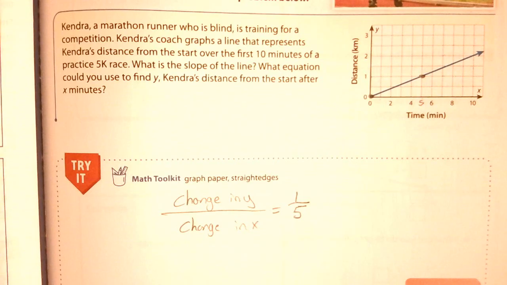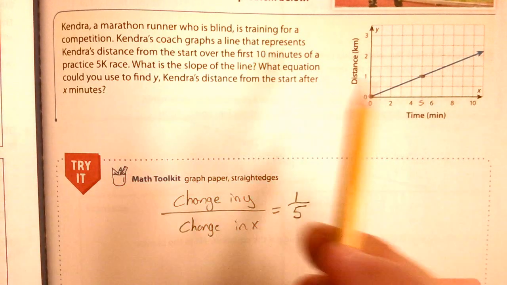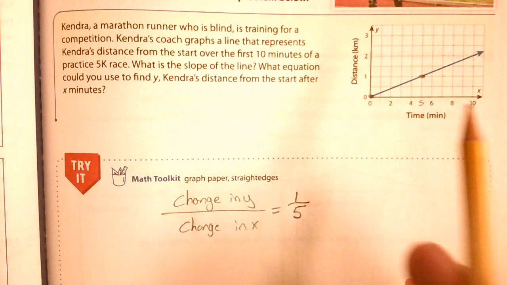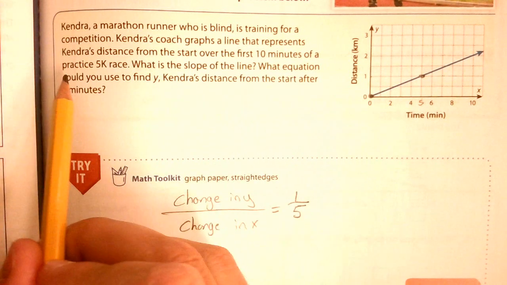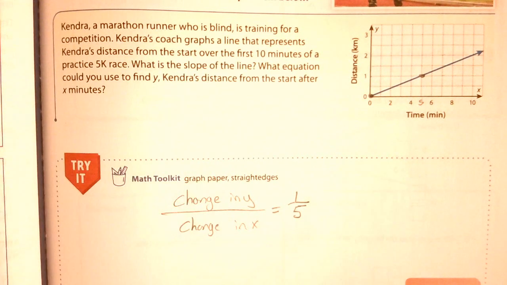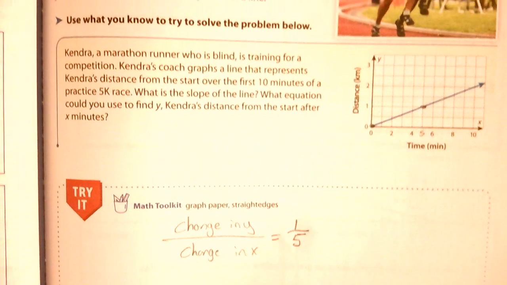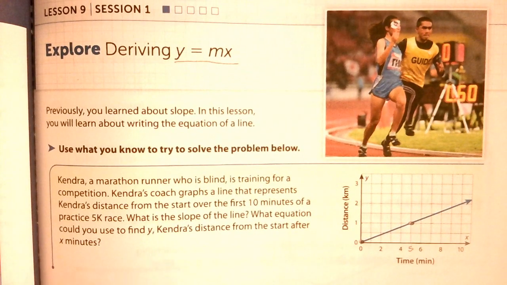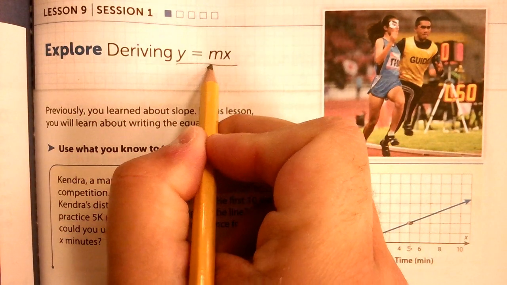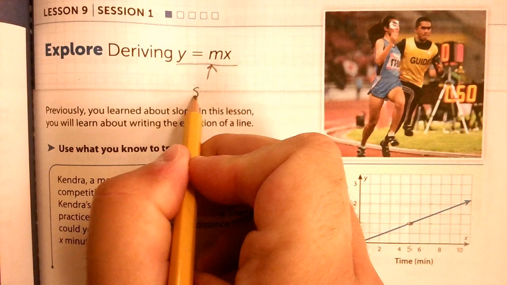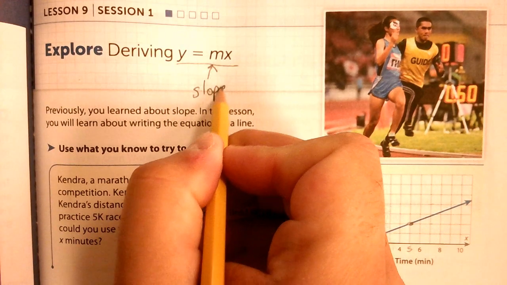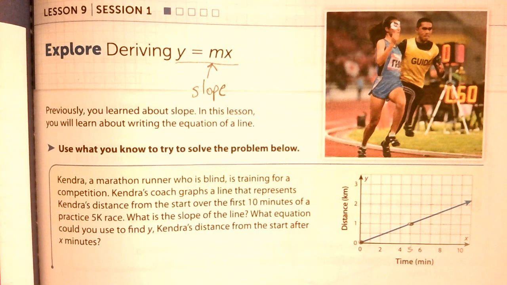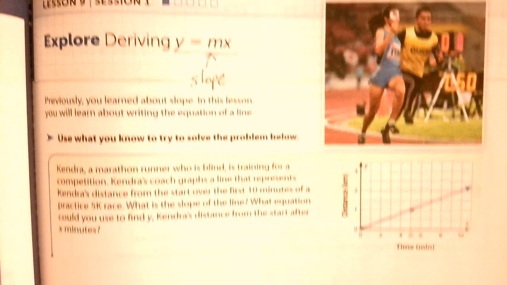All right, so the next part is, what equation could we use to find y? In the equation we talked about at the top, this m right here is our slope. The nice thing about this equation is that all we have to do is take the slope that we find and just put it where that m is.